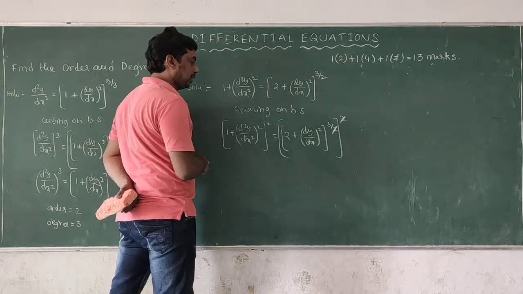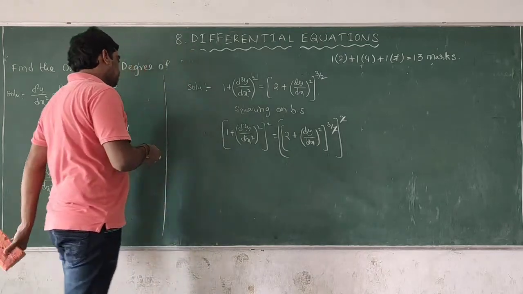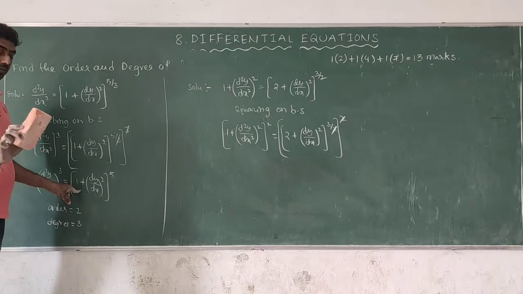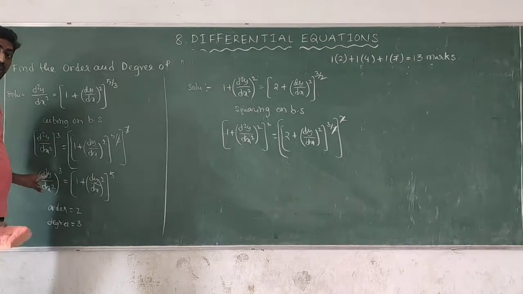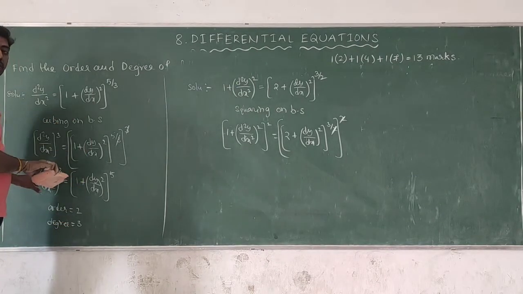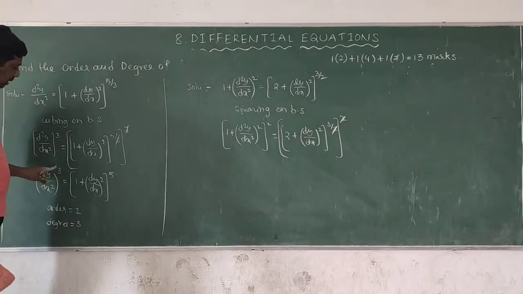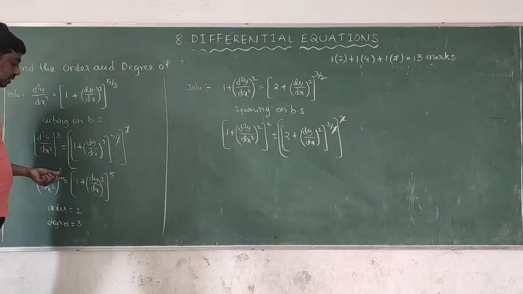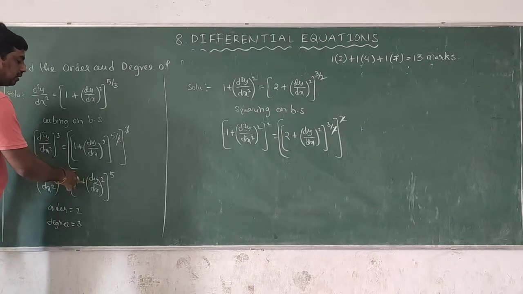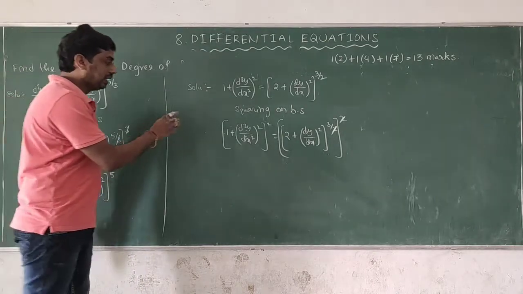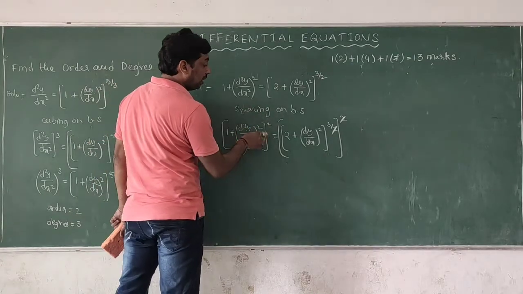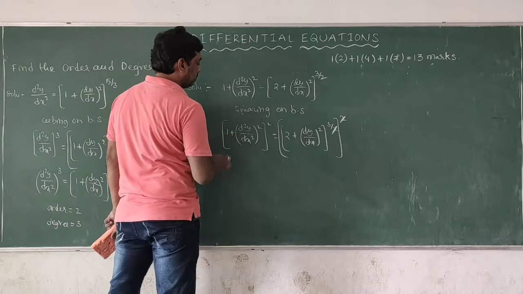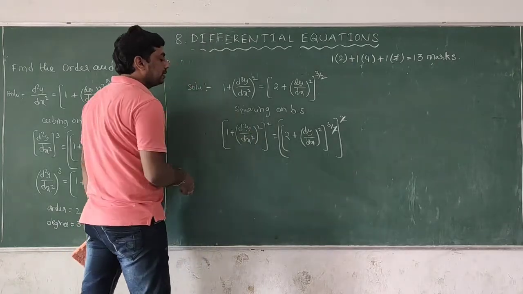You may have a doubt: in the previous problem I could not expand this because the order was 2 and the degree depends on the maximum order, so the degree was not affected. But here the degree is affected by the expansion, so we must expand (1 + d²y/dx²)².